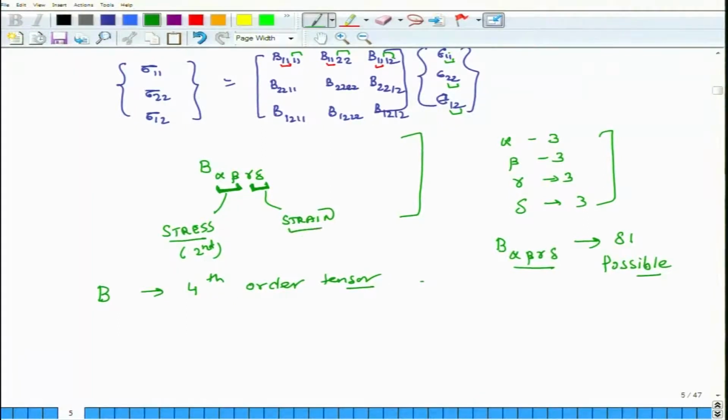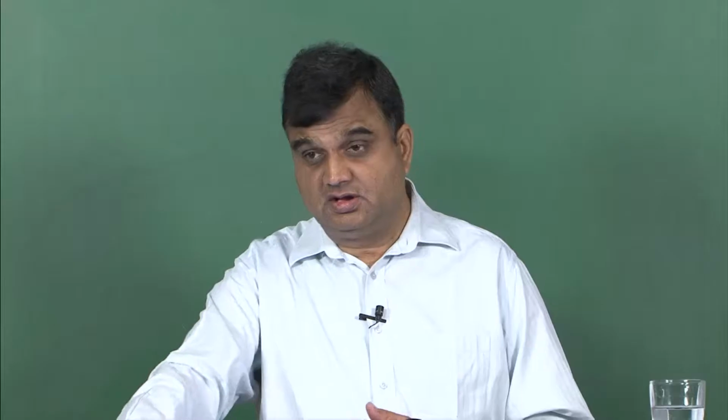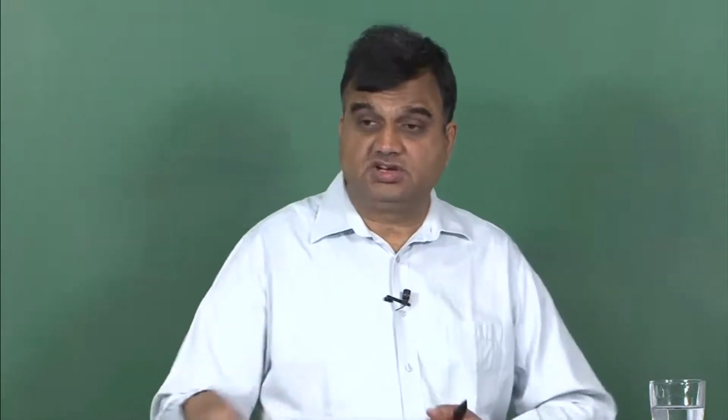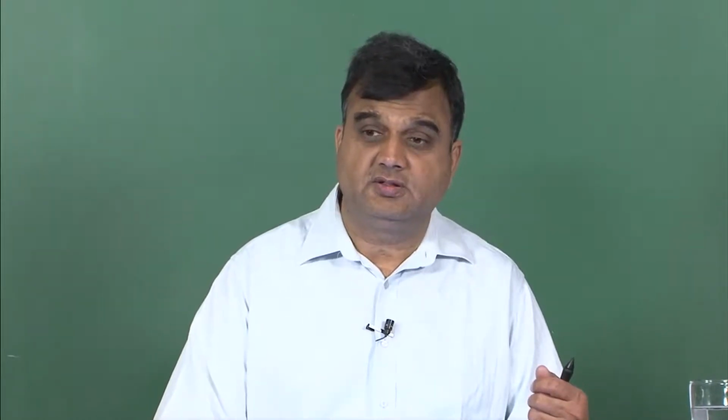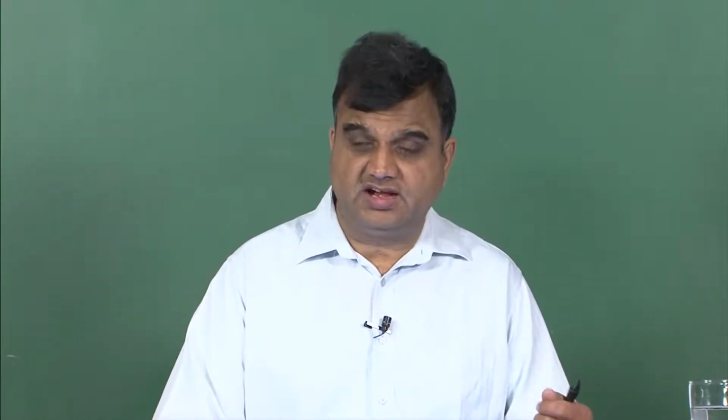The strain tensor itself is 2nd order. So, if I have to find B, it depends on 4 different independent sets of directions. 2 directions are associated with the stress tensor. What are those 2 directions? They are the direction of the force and the direction of the plane on which it is acting.